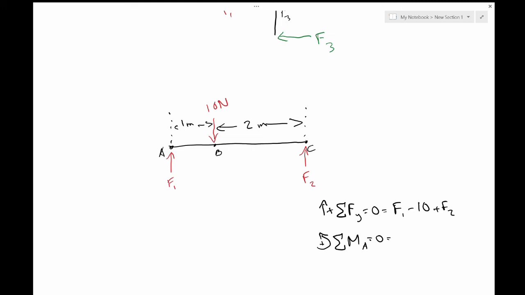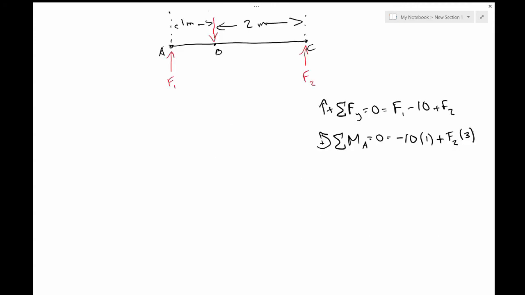So what we only have is 10 newtons, and this is going to create a clockwise force, so we're going to say that this is negative again. So negative 10 times 1. And then F2 is creating a counterclockwise force, so it's going to be positive, so plus F2 times 3. So now we can solve for F2.